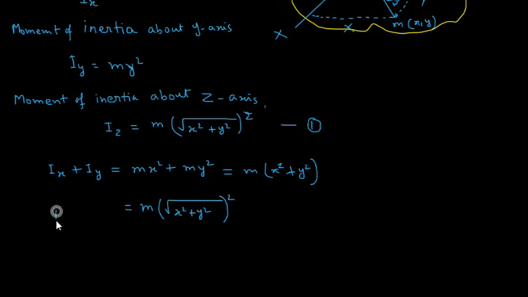So Ix plus Iy is equal to m under root x square plus y square whole square. So Ix plus Iy is equal to m.